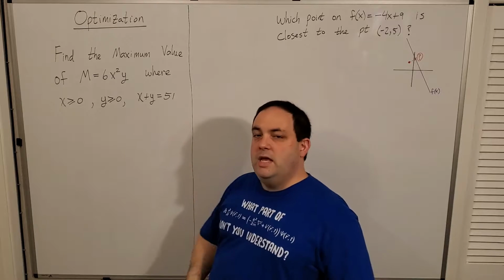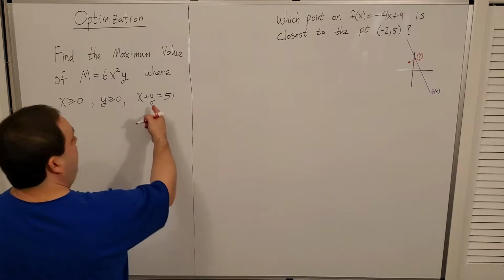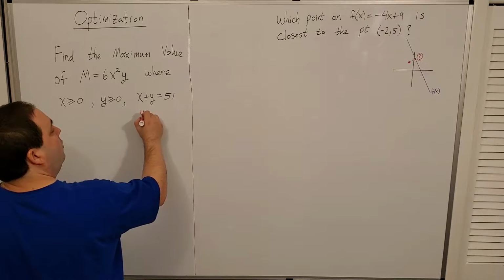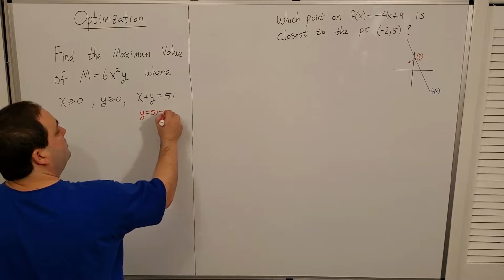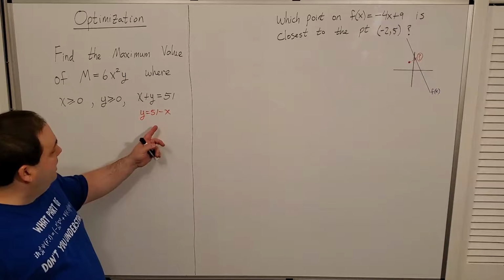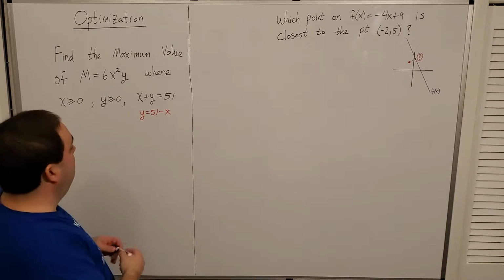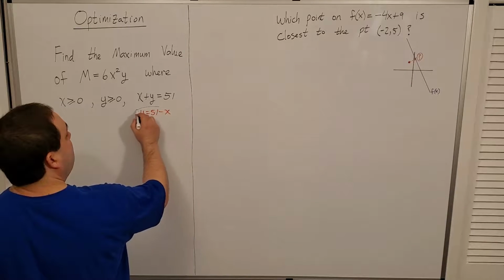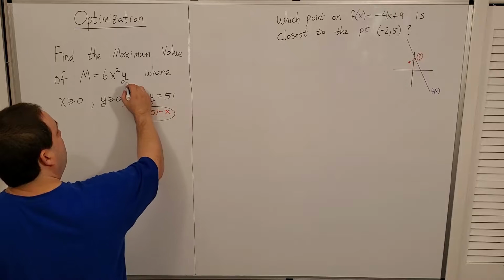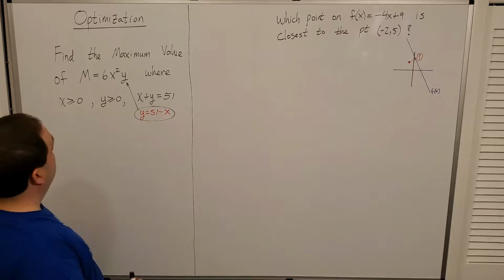x plus y is supposed to be 51, right? Well, really what this is handing me is a way of rewriting y so that it's something that depends on x, right? If I subtract x, y is 51 minus x. Then I can take this and substitute it for the y in my calculation of m.